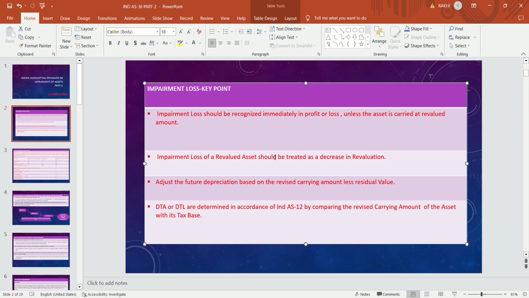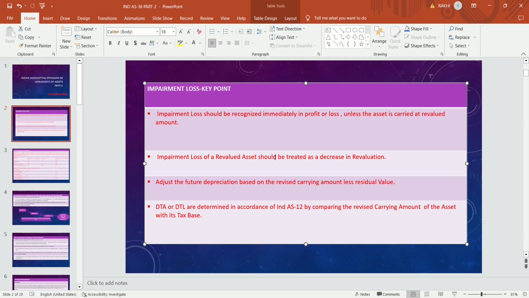For example, the value of the asset before impairment is 100 and the impairment loss is 20. Then the revised carrying value will be 80. Now the depreciation is to be charged prospectively on the revised carrying amount.